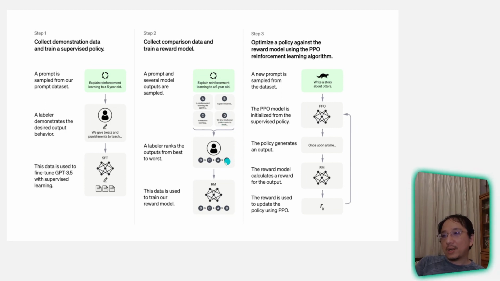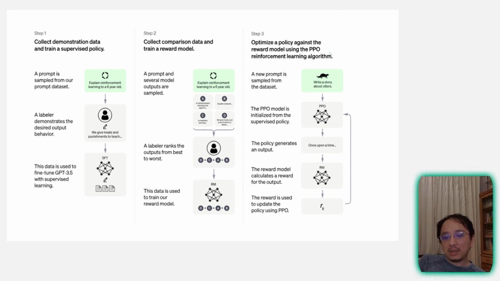Then we train a reward model from human feedback, and then use this reward model with PPO, proximal policy optimization, which is a policy gradient reinforcement learning algorithm, to train the final generative model.